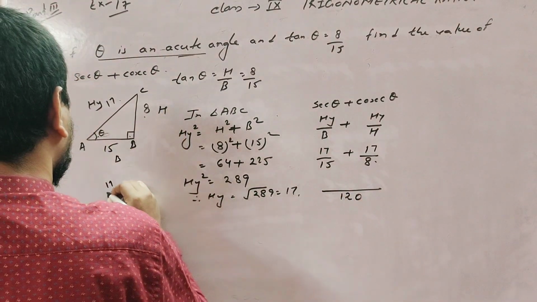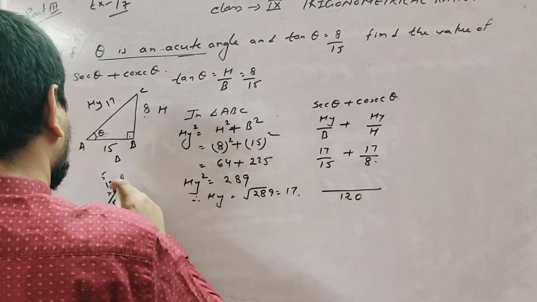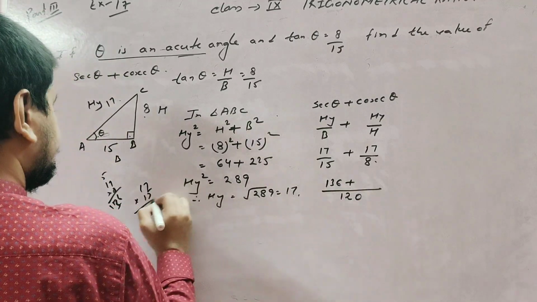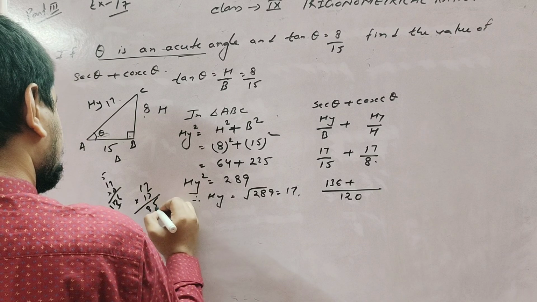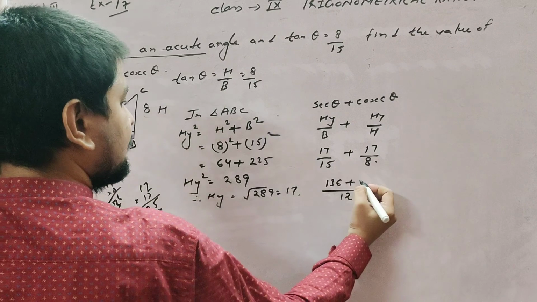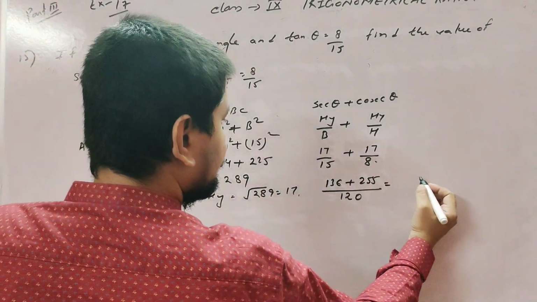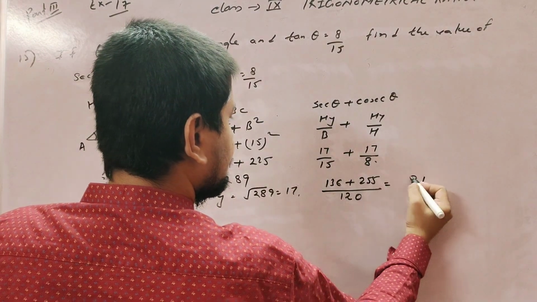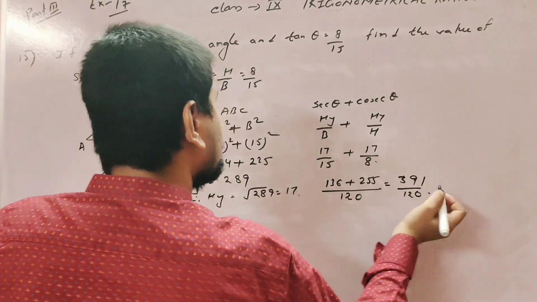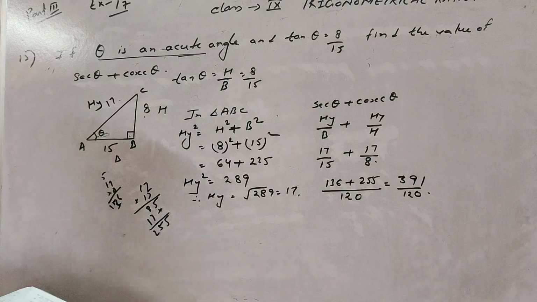So 17 into 8 is 136 plus 17 into 15. So the answer is 391 by 120. Okay, note.